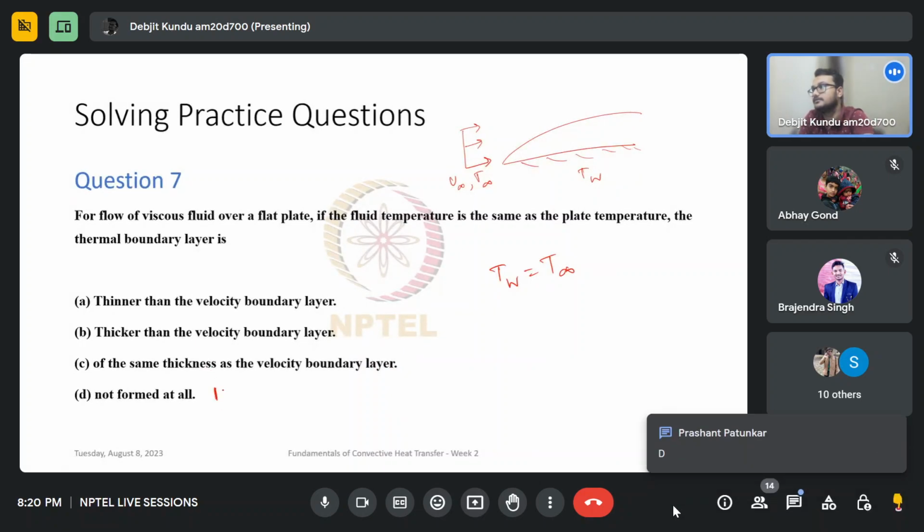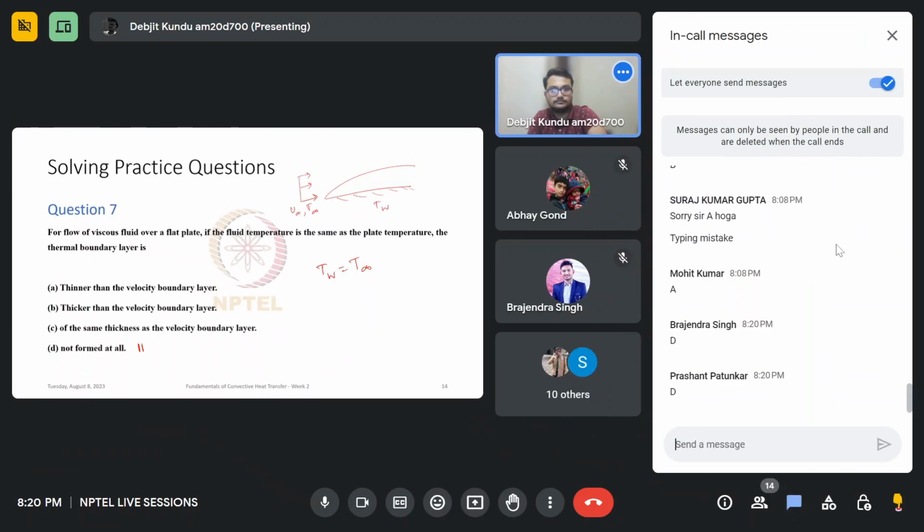Another one. So what happens in this case? Is it option A, thinner than the velocity boundary layer, thicker than the velocity boundary layer, of the same thickness as the velocity boundary layer, or is it option D, not formed at all? We have three responses in favor of option D.